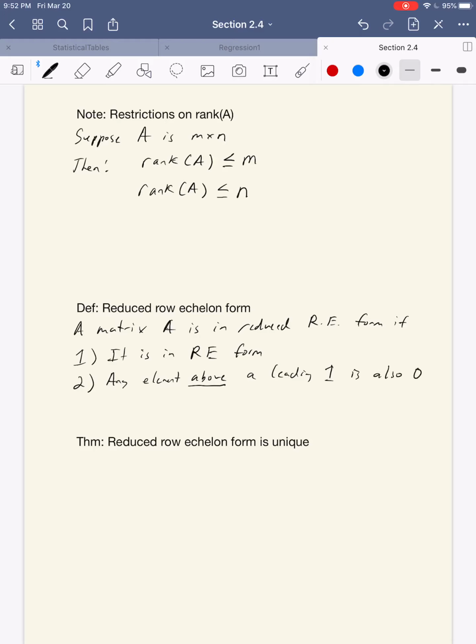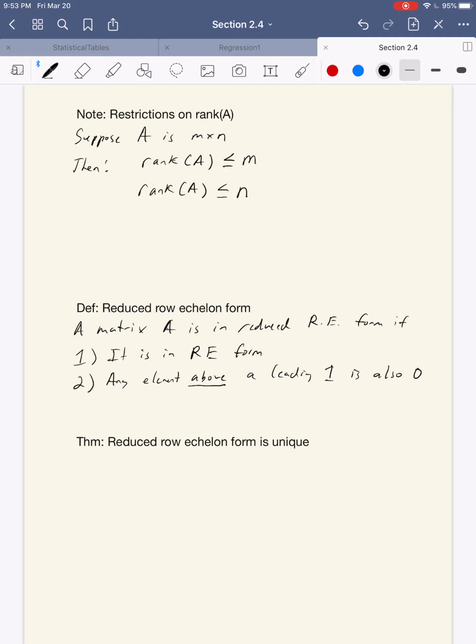So a reduced row echelon goes a step further. What reduced row echelon says is not only does it need to be in row echelon form, so no 0 rows at the bottom, leading 1s in all the non-zero rows, and 0s below all those leading 1s, it also wants 0s above any leading 1s. So you have this second condition that says any element above a leading 1 is also 0.